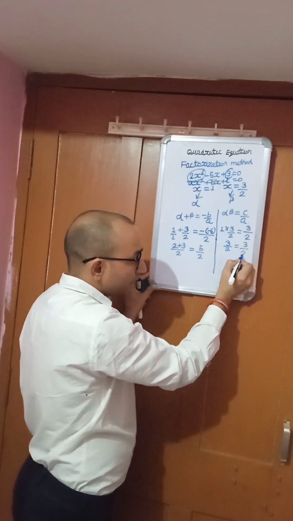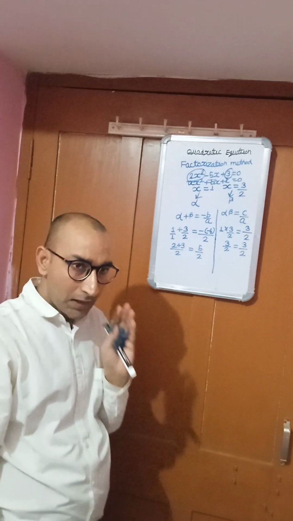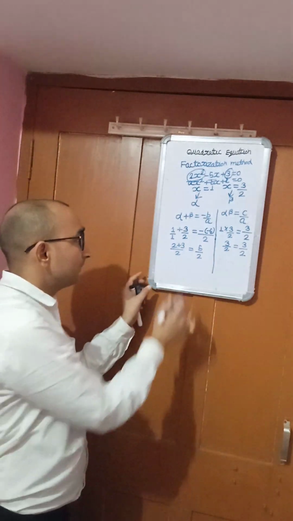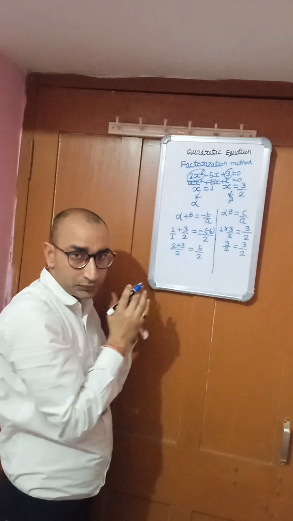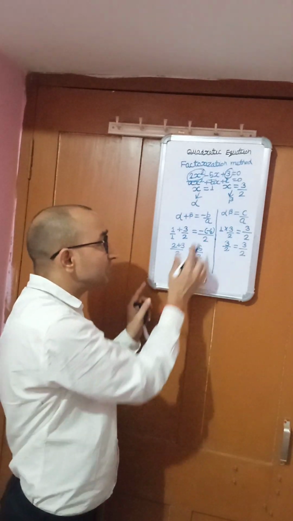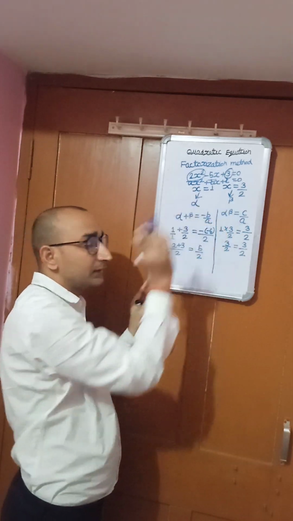Then I want to say here that if we add 2 roots, then it is equal to minus b by a.